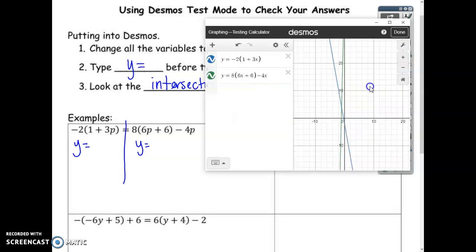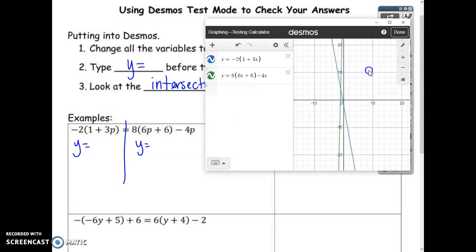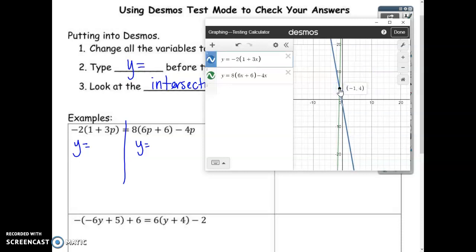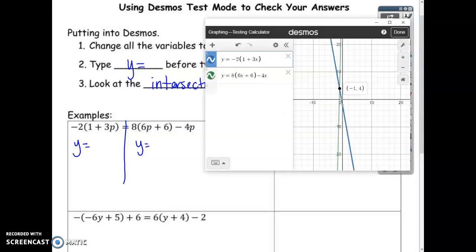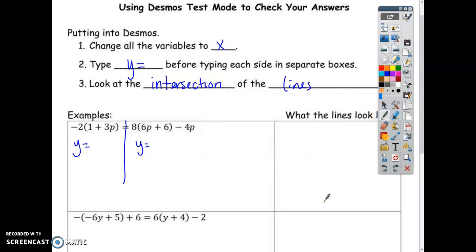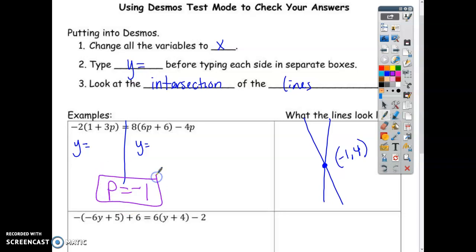So we're looking at where they cross. This is where they cross. Okay, my answer is at negative 1, 4. This is what they look like. Let me look again. Okay. They look something like this, right? They crossed right here at negative 1, 4. So my answer is p equals negative 1. It's the x.